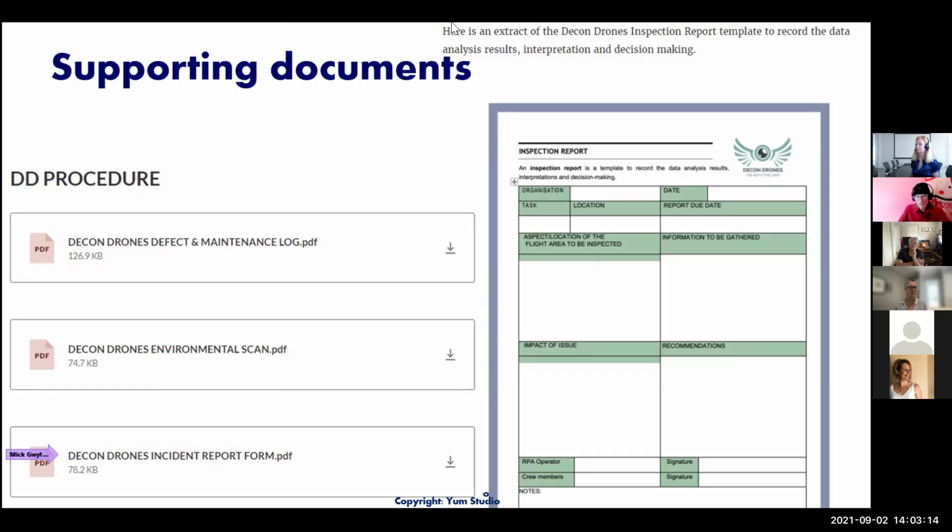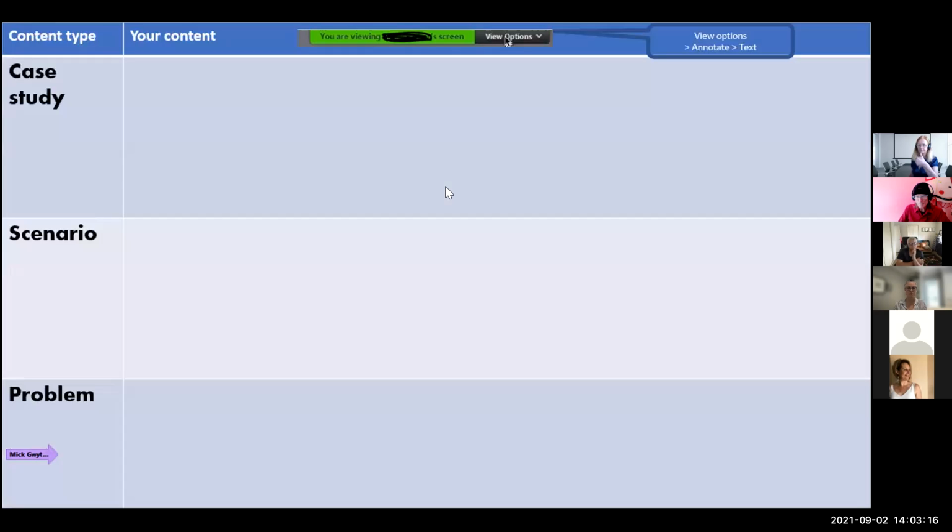So I've got time to do this. Let's look at a little activity here. Thinking about those content types, case study, a scenario and a problem, and thinking about what you're writing or developing now, what's one example of a case study that would work really well in your topic area?